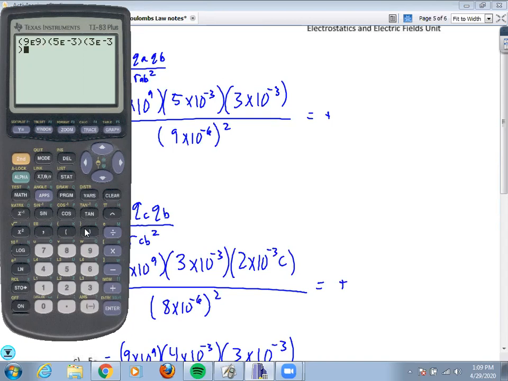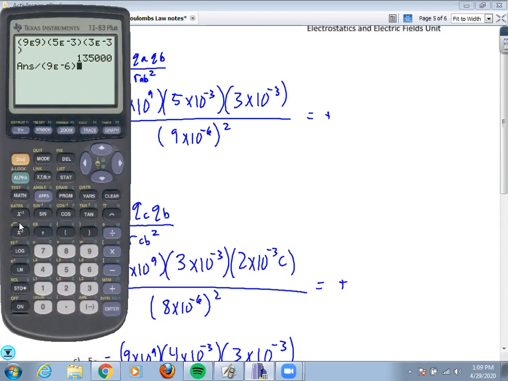Bracket that, divided by 9 times 10 to the minus 6 squared.